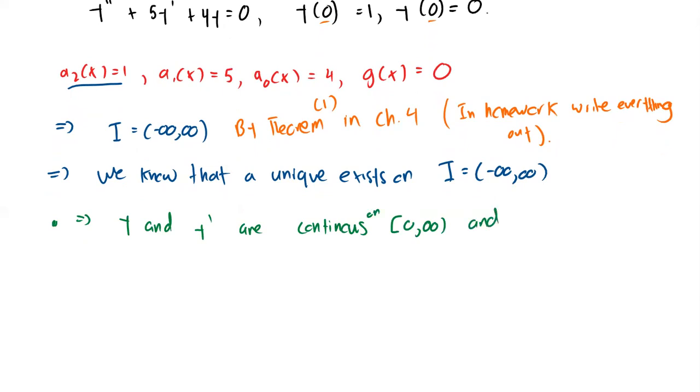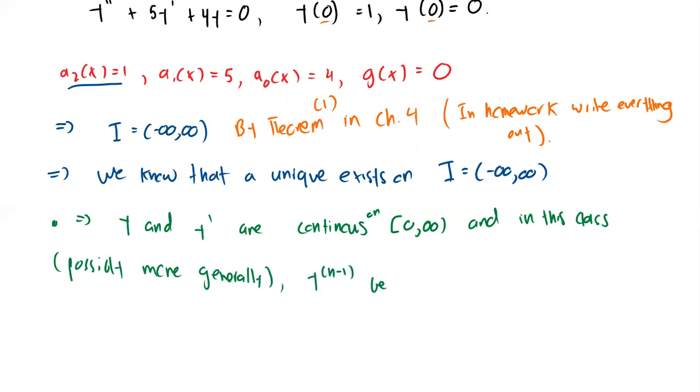And in this class, and possibly more generally, the nth minus 1 derivative being continuous will imply that the nth derivative is at least piecewise continuous, so either piecewise continuous or continuous, but at least piecewise continuous.